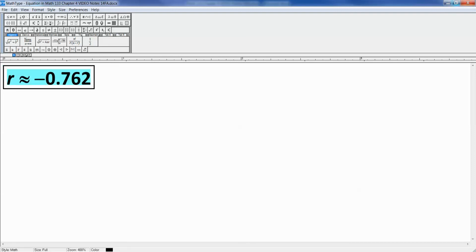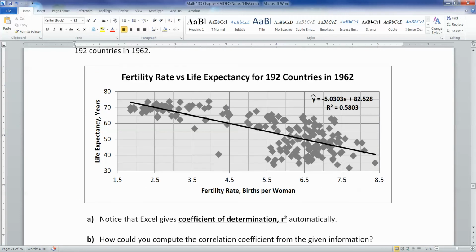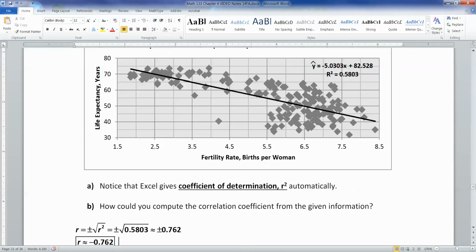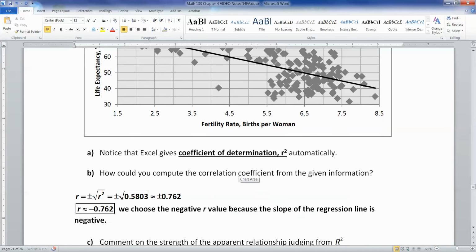If you look at the slope, or if you look at the regression line, or both, you can see that this line is a negative trending line. And you can see it in the slope because the slope is negative 0.5 or 5.03. So we choose the negative r value because the slope of the regression line is negative. And there we go.